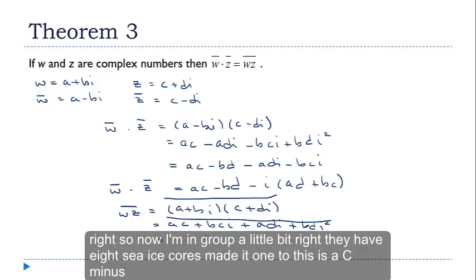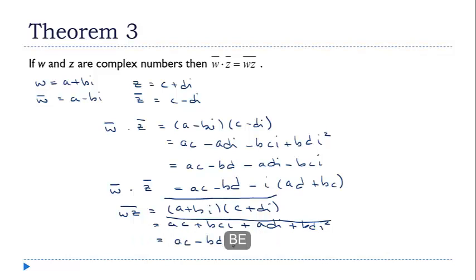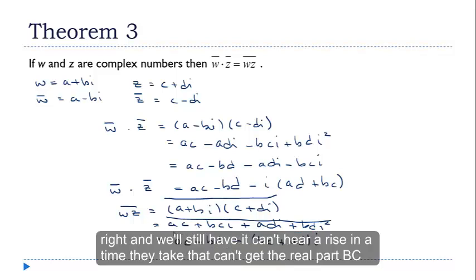Now I'm going to group a little bit. I have AC, I squared is -1, so this is AC minus BD plus BC plus ADI. And we'll still have the conjugate here.